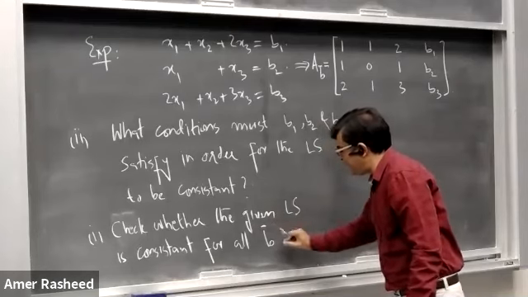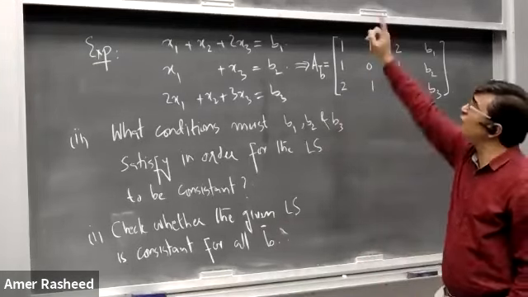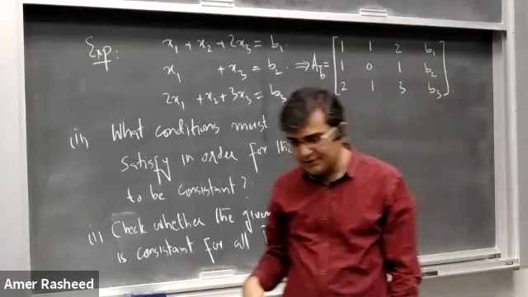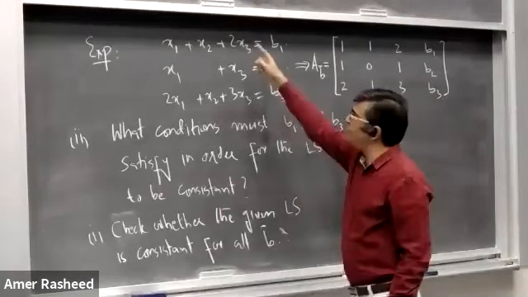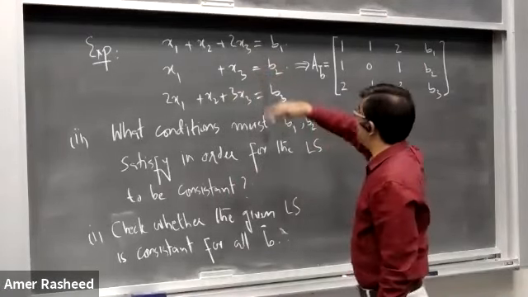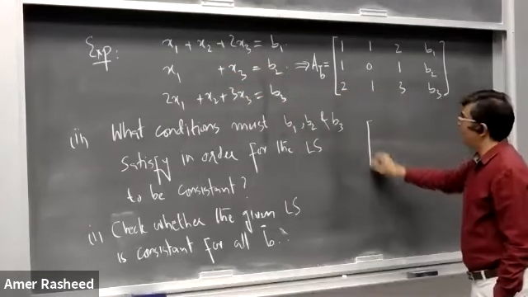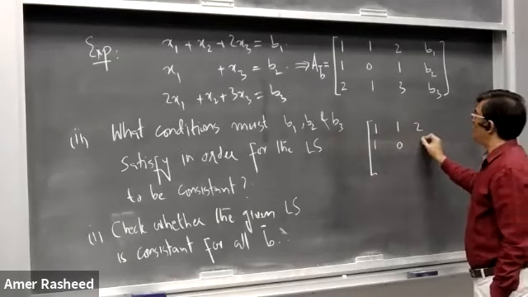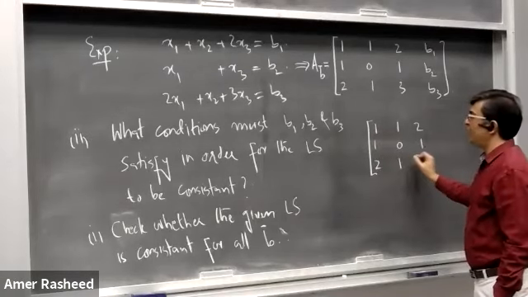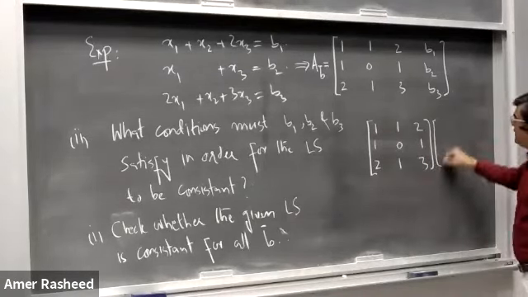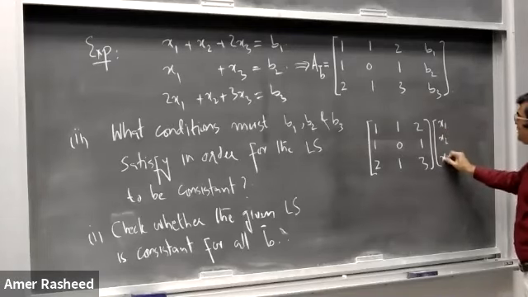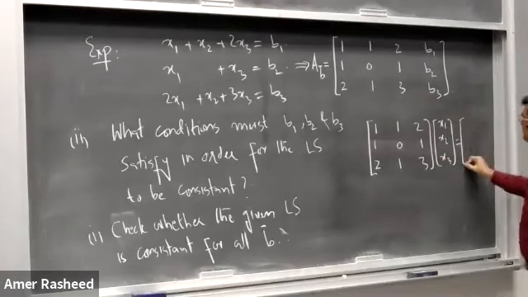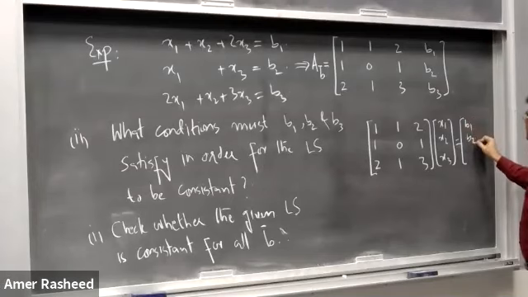If you have to check this, then you can use that fourth statement which we have discussed. The coefficient matrix of this linear system is 1, 1, 2; 1, 0, 1; 2, 1, 3 times x1, x2, x3 is equal to b1, b2, b3.